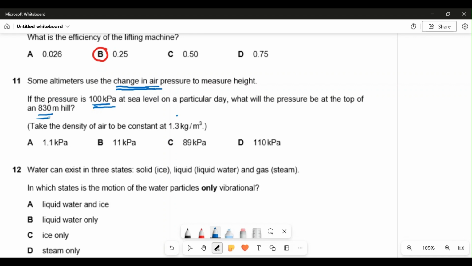So the height is found by change in pressure. It means this height is actually found by the difference of the two pressures, P final minus pressure initial. Let us find the pressure at this height first, then we will see what is the change in pressure.